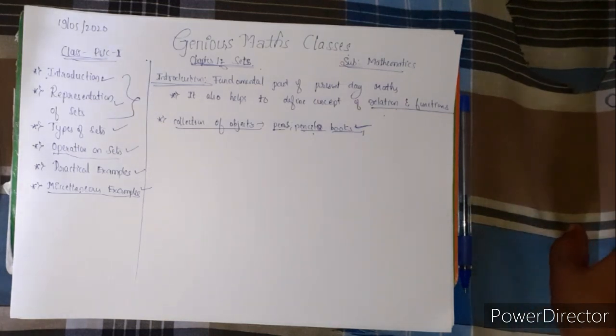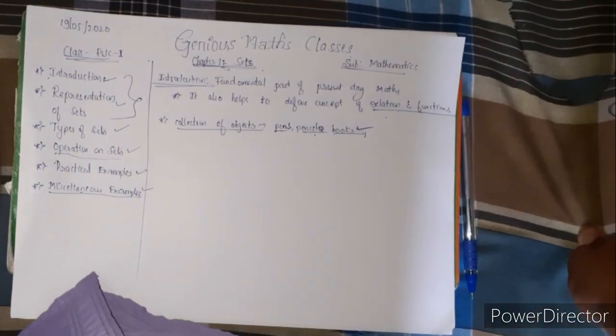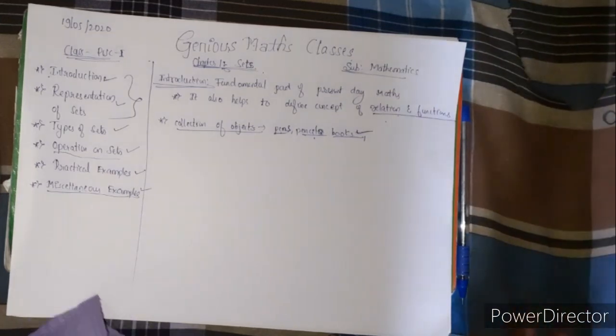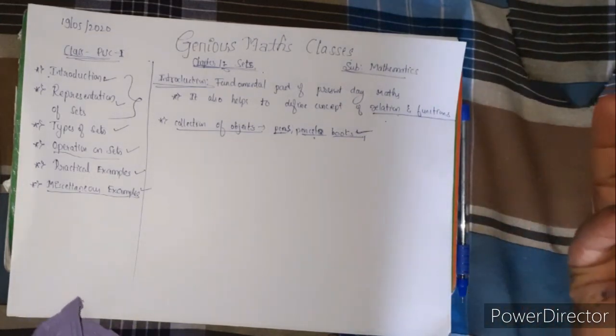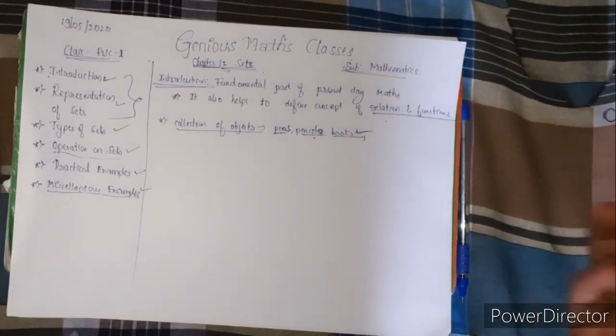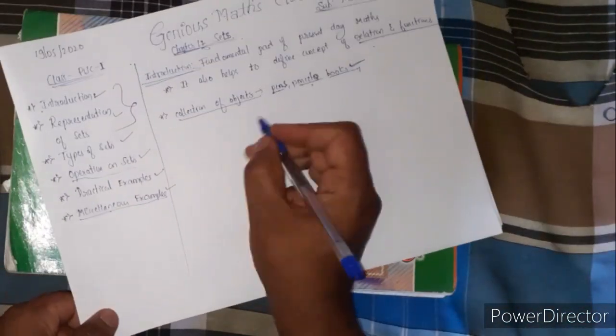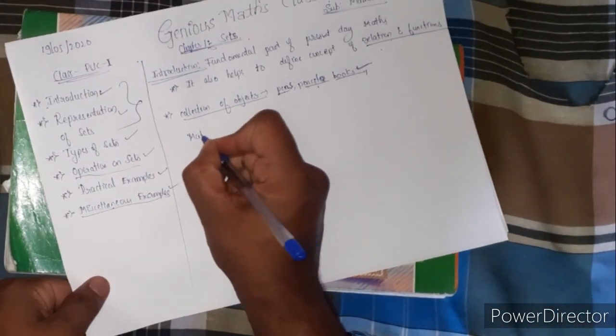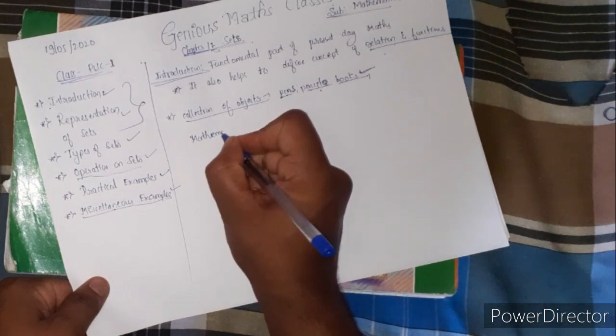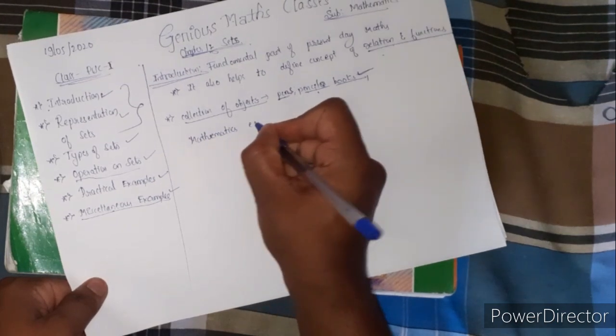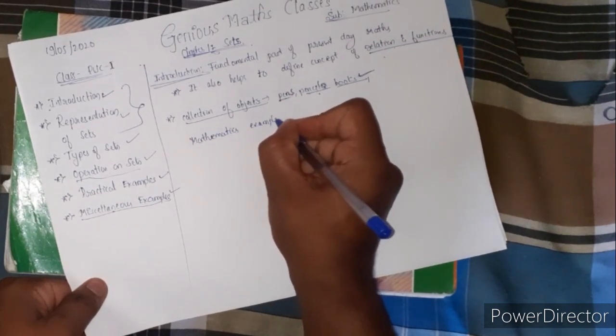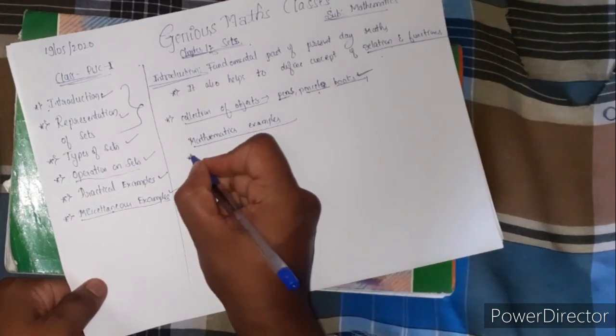And we have learned the number system. This is also a set. The natural numbers 1, 2, 3, 4, 5 are nothing but a set. These are mathematical examples.